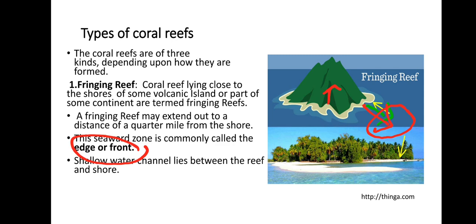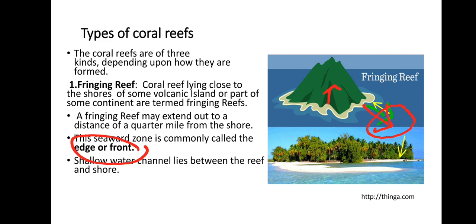And usually when you see towards the island, there will be a small channel of water which is around 50 meter to 100 meter. So from the seashore towards the reef, there is a small channel of water, a very shallow water body, and this distance from the land towards the reef is only around 50 meter to 100 meter.